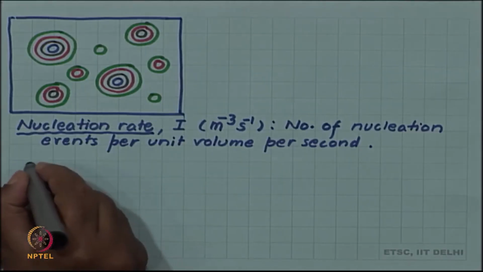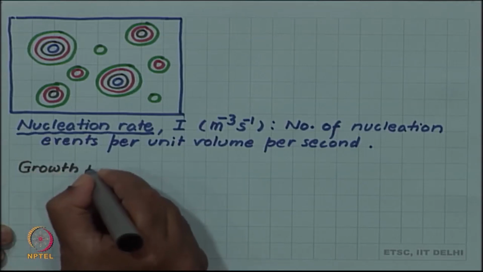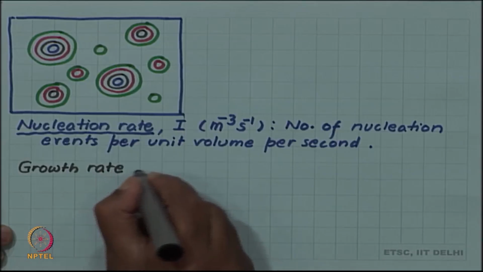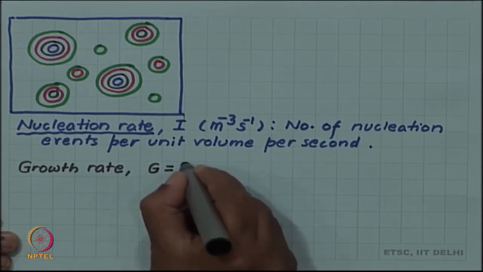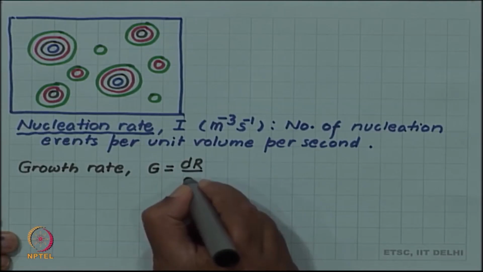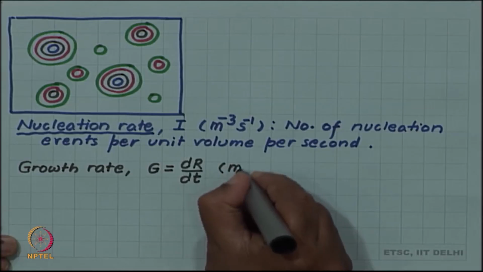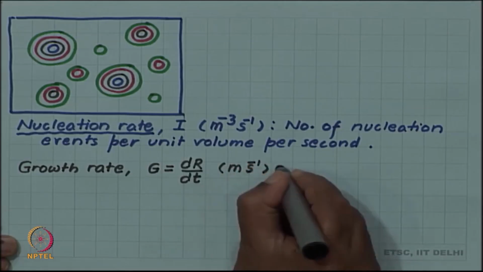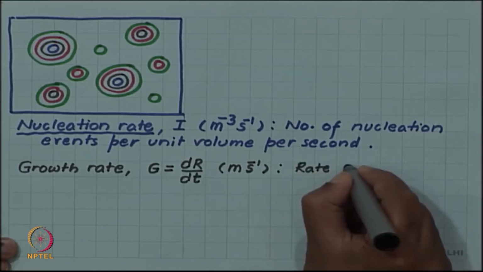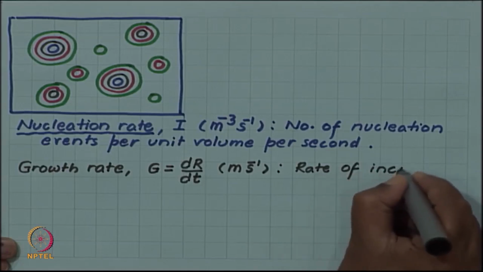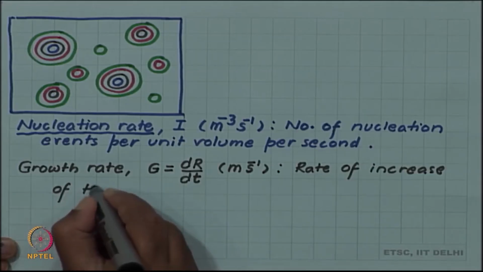Then we also have the growth rate. We give the symbol G. We can also call it dr by dt, where r is the particle size. So, the units will be meters per second. So, this will be rate of increase of the size of the particle.